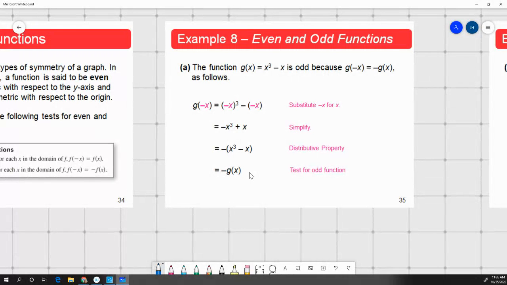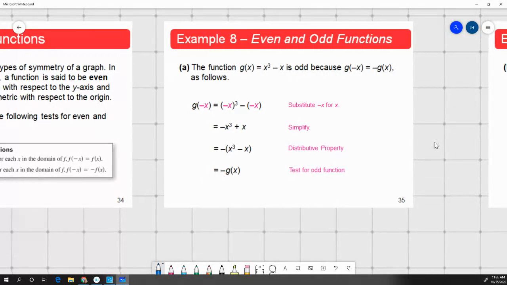So here they show it really well, right? When I plug in negative x, I get out a negative g of x. So if that was a number, say I was plugging in 3 for this, I would get a solution. If I plugged in negative 3 for it, I would get negative of that solution.